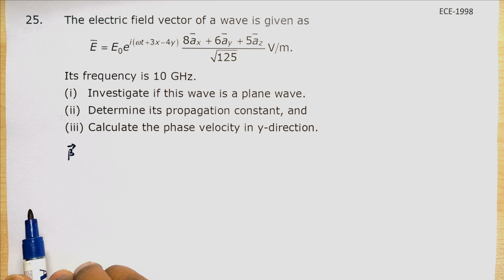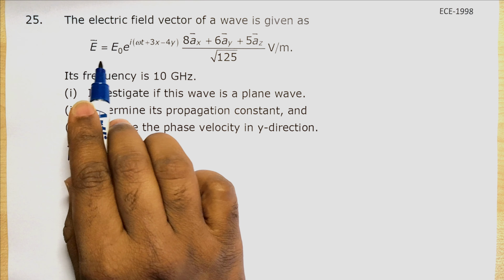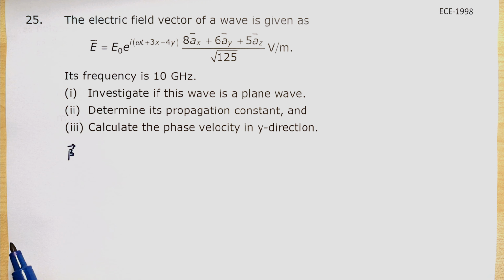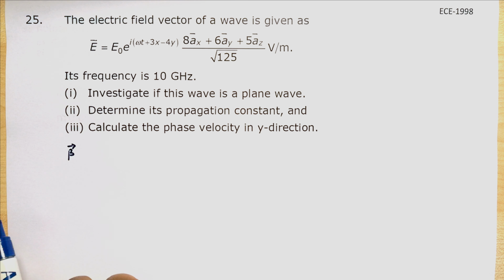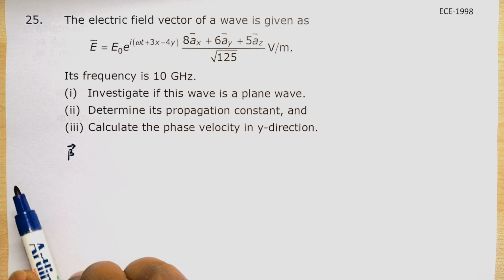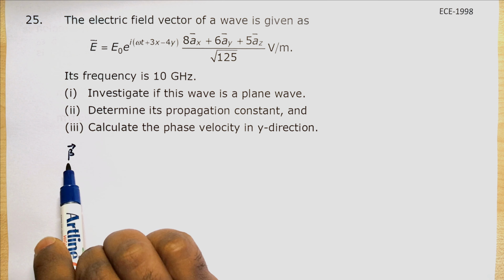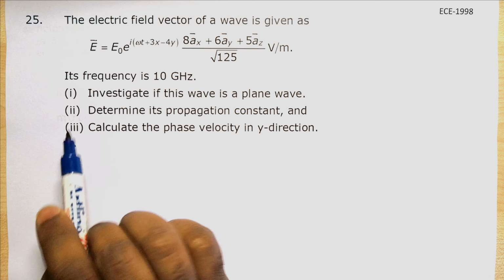Okay, so first we have the electric field vector, which is given here, and from this we can infer a couple of things. First, we can find out the propagation vector beta.